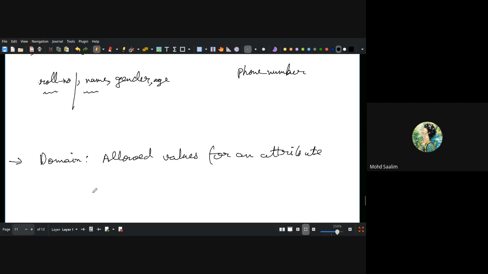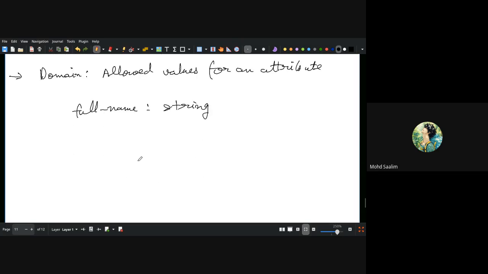For example, if I say that my full name will be string, then what does that mean? It can only take a string, right? It cannot take an integer directly. It should follow the convention of a string, right? So this is the meaning of domain, just like we understood in the form of types in SQL.